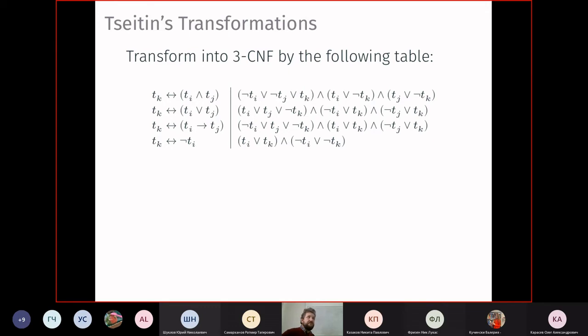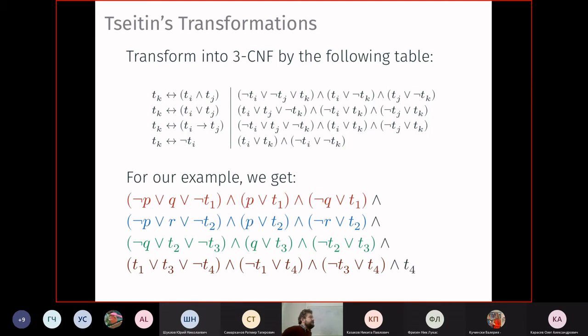If you do not want to try to understand this stuff in a logical sense, but you just wish to look at these and check whether they are generally true or not, you just check them by truth tables. Each line requires 8 checks, 2 cubed. Okay.